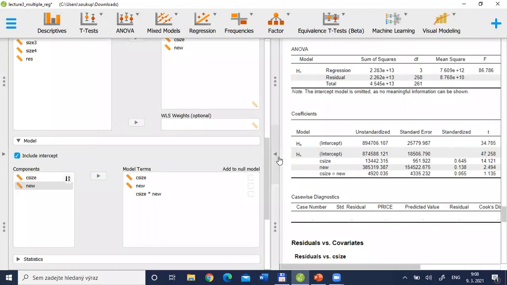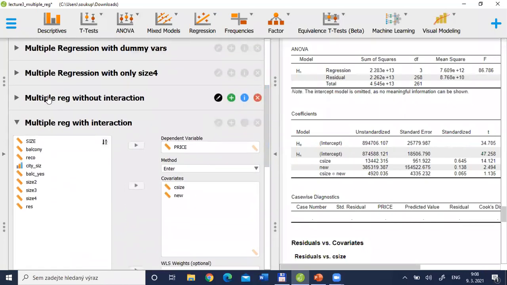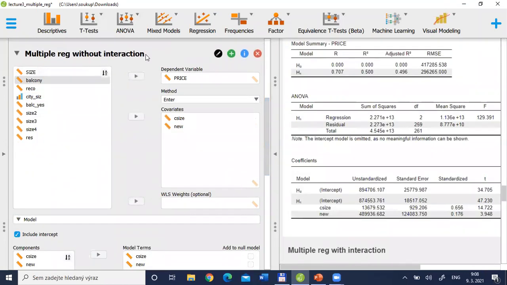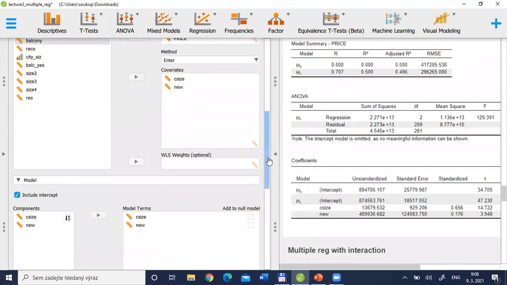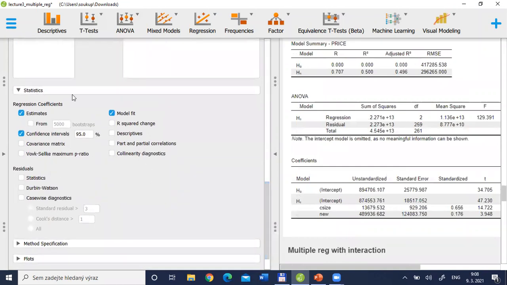And let's show how it works in JASP. So once again, I would go back to the multiple regression without interaction case. So only C size and new are included, no interaction is included. It was the best model we have covered today. So I would go here into the statistics section. And the last option on the right-hand side is called Collinearity Diagnostics.